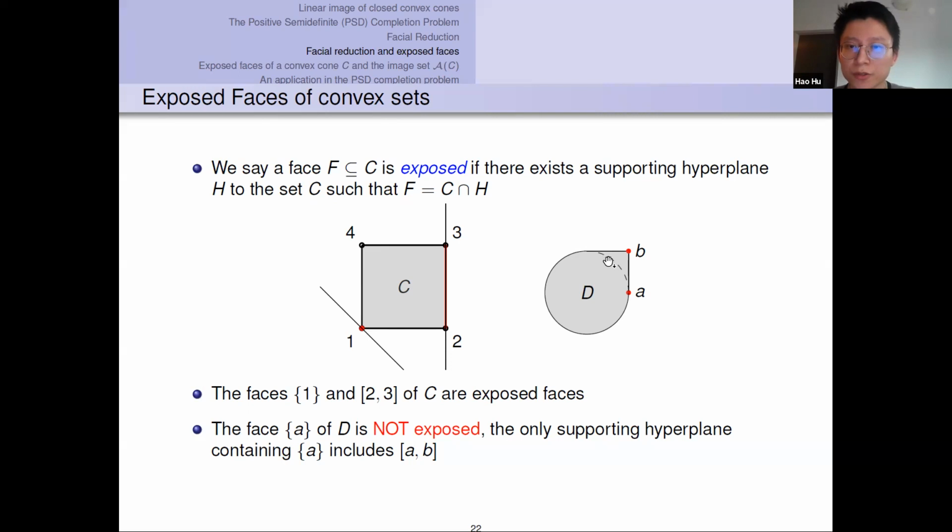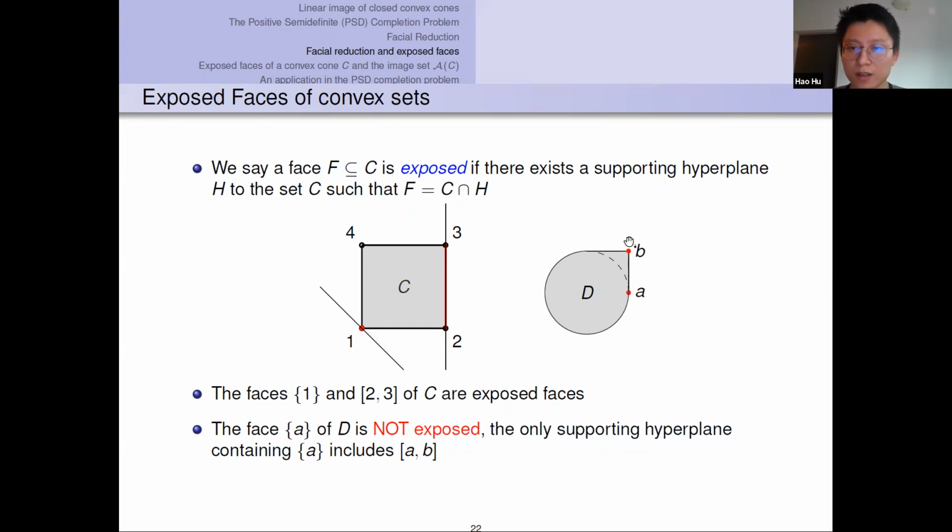This is a union of a unit disk and a square. Now, the point A is a face. However, it is not exposed, because the only supporting hyperplane intersecting A is this vertical line here.